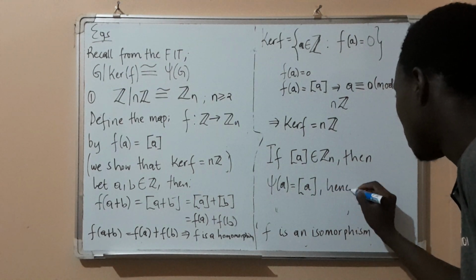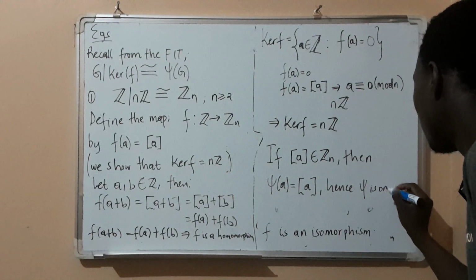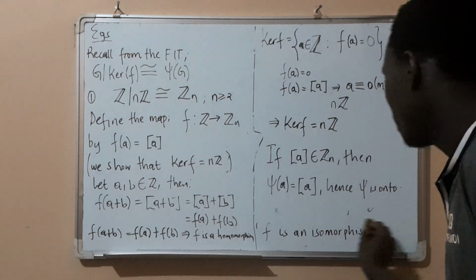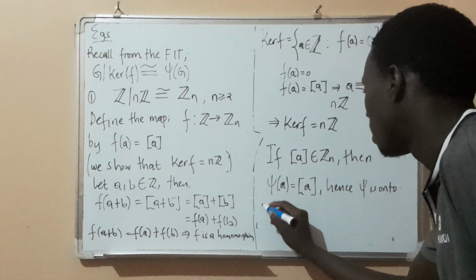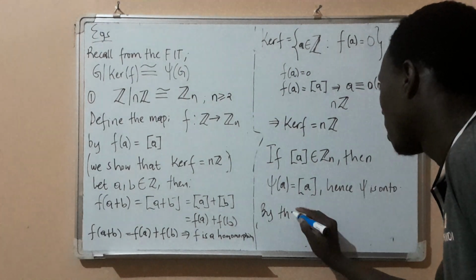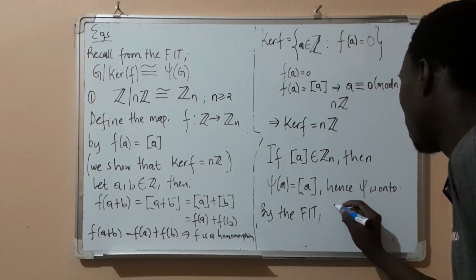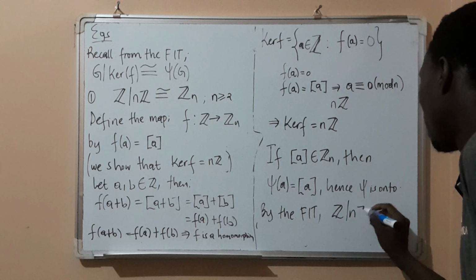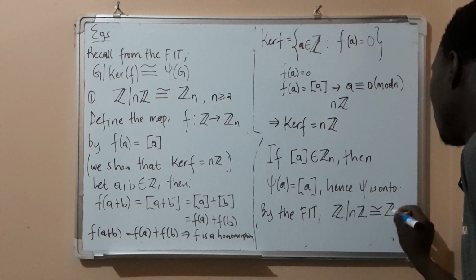Hence phi is onto. So by the first isomorphism theorem, let us conclude that Z factor nZ is isomorphic to Zn.